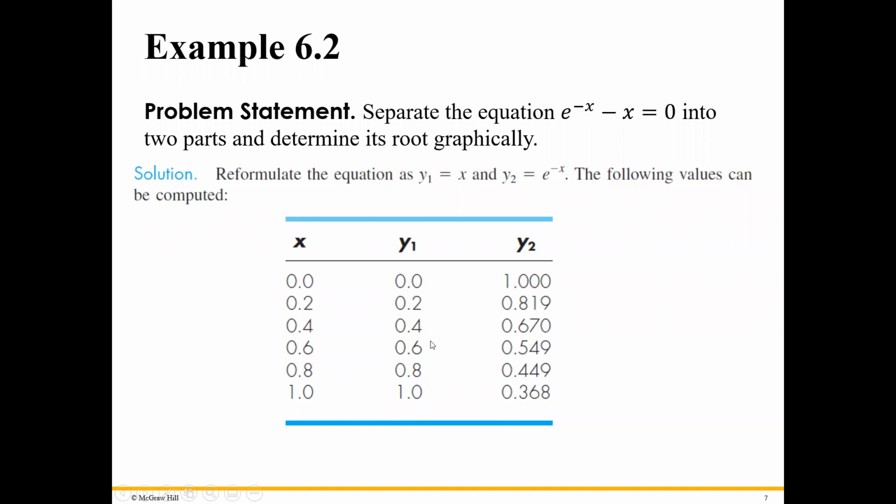Somewhere between 0.4 and 0.6, the value of y1 changes from 0.4 to 0.6, and the value of y2 changes from 0.67 to 0.54. So somewhere there may be a common point at which both values of y1 and y2 are equal, and that will be the solution.